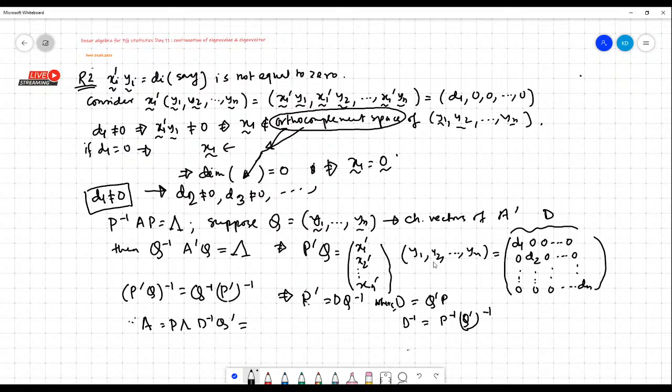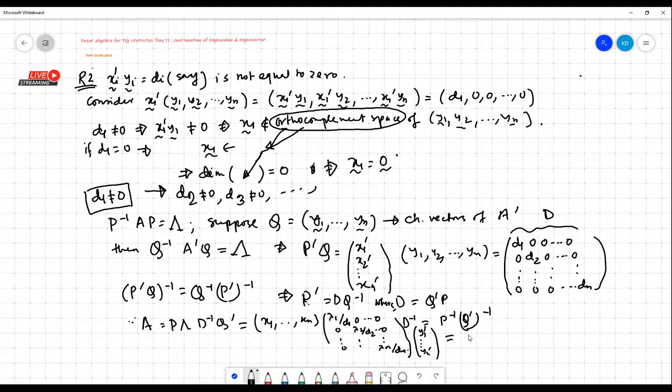So A equals x1 ... xn times a diagonal matrix whose diagonal elements are lambda 1 by d1, the second element is lambda 2 by d2, and the last is lambda n by dn, times y1 prime, ..., yn prime.